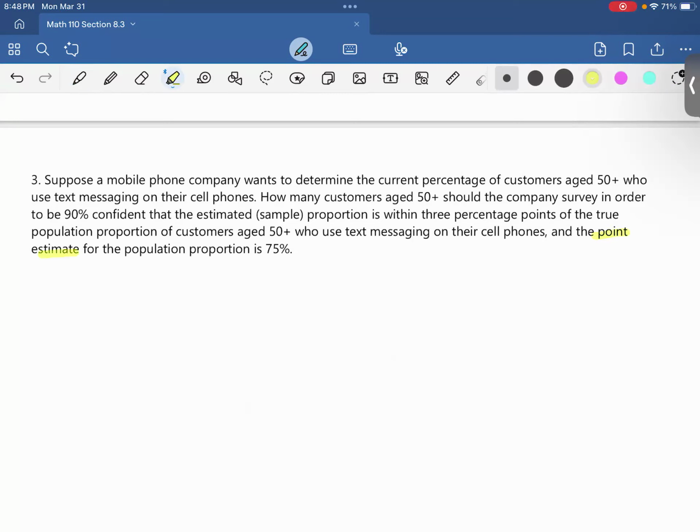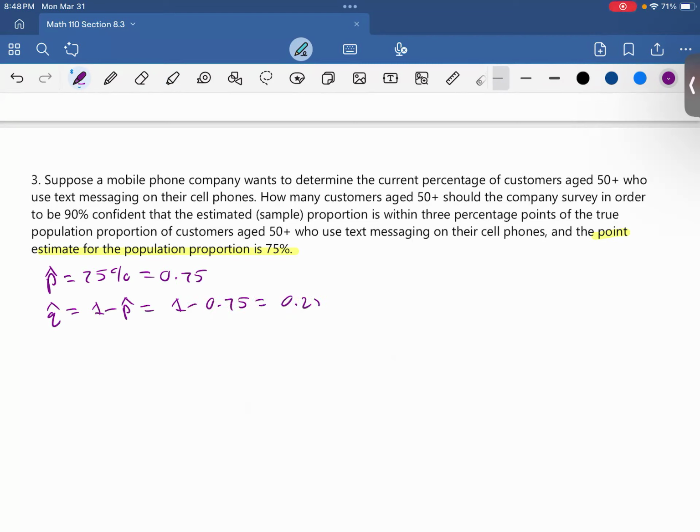What that means is p hat equals 75%, which is 0.75. And remember, q hat is 1 minus p hat. So this would be 1 minus 0.75, which is 0.25.